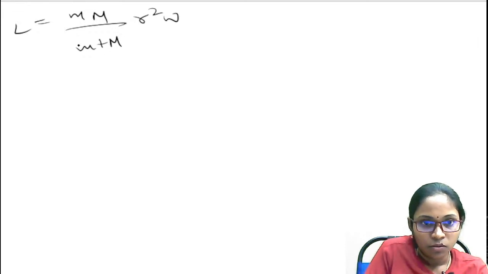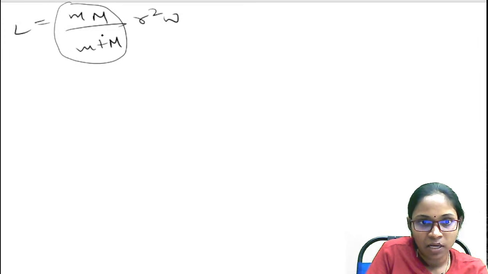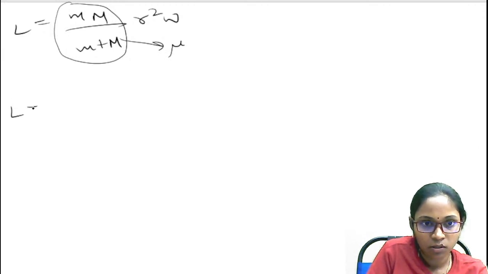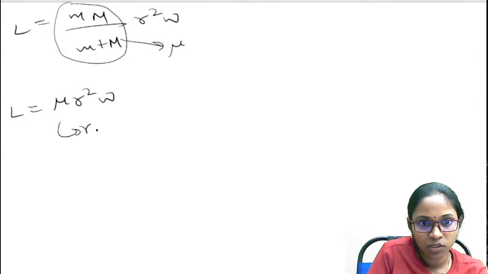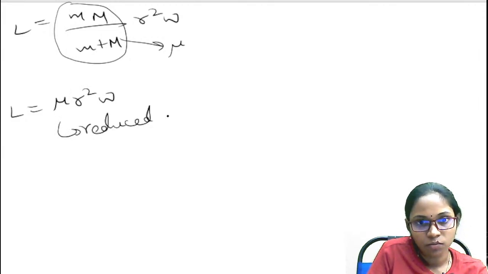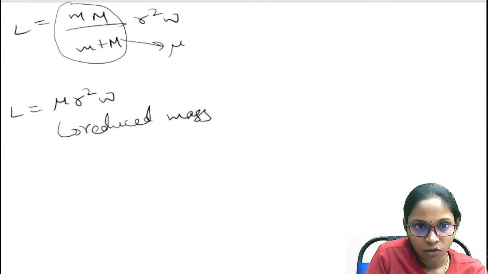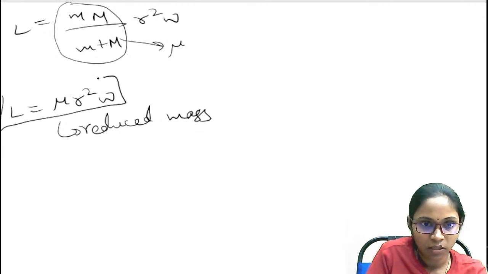So I'm considering this m M by (m plus M) as mu, which is equal to angular momentum equal to mu r square omega, where mu is the reduced mass. I'm sorry once again for the inconvenience.